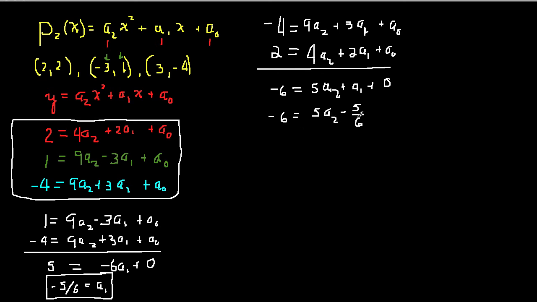Now I want to solve for a2, so I add 5 over 6 to both sides, and let me write this negative 6 as being negative 36 divided by 6. So I have negative 36 over 6 plus 5 over 6 is equal to 5a2.